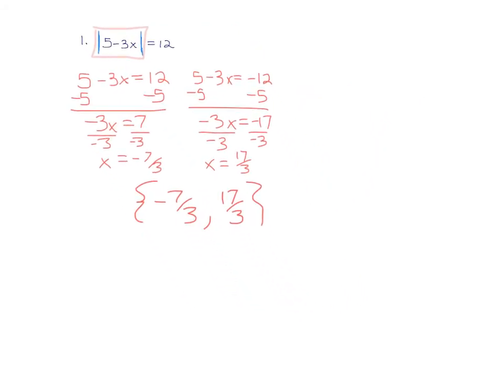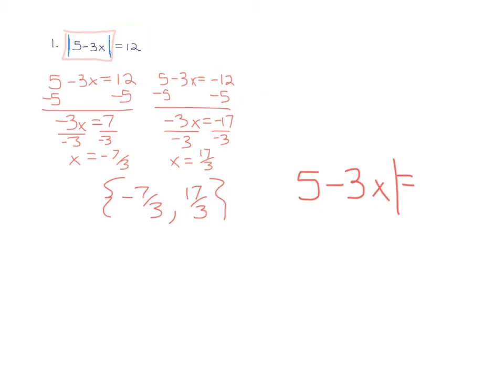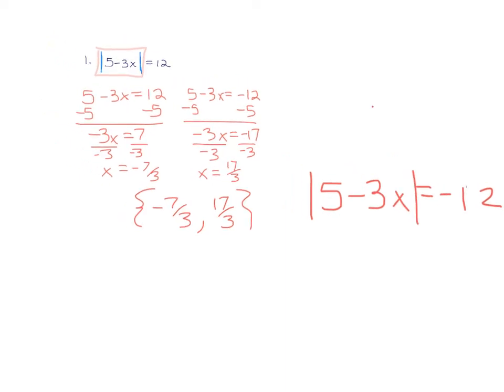Now, what would you think you would get if I have this instead initially? 5 minus 3x equals negative 12. What do you think I need to do on a situation like that? Now, notice we made the two problems, but remember, when I made my two problems, they don't have absolute value bars anymore.